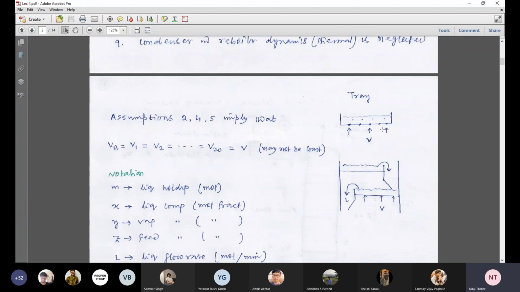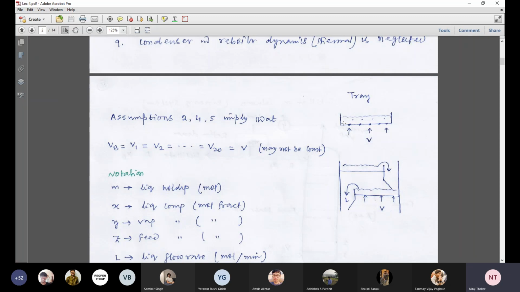I repeat, the liquid and vapor streams are in contact over this tray, and both streams contain components A and B. Suppose A has a boiling point of 80 degrees Celsius and B has a boiling point of 100 degrees Celsius. You can note down these boiling points.